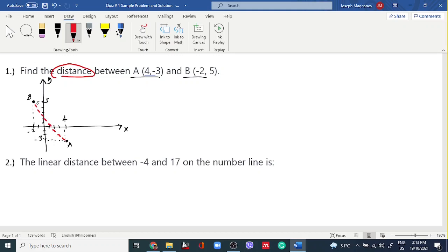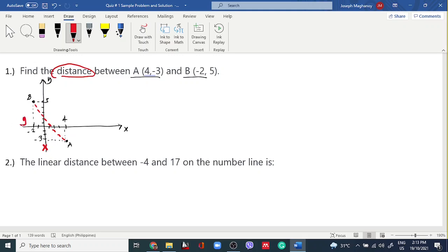Sir, is there any way to determine this distance aside from using the distance formula for analytic geometry? Yes, using trigonometry, using the Pythagorean theorem, you can determine it, since you have the linear distance of your x and the linear distance of your y.